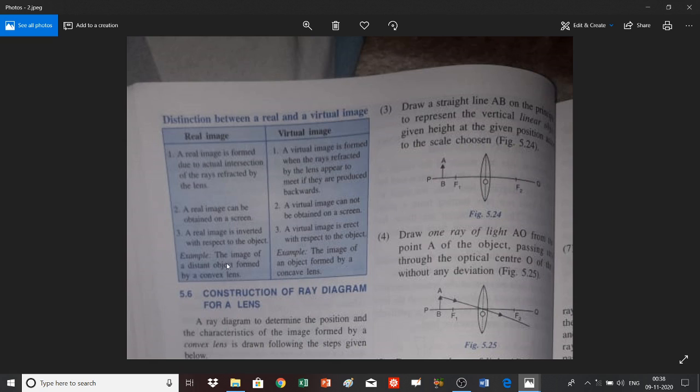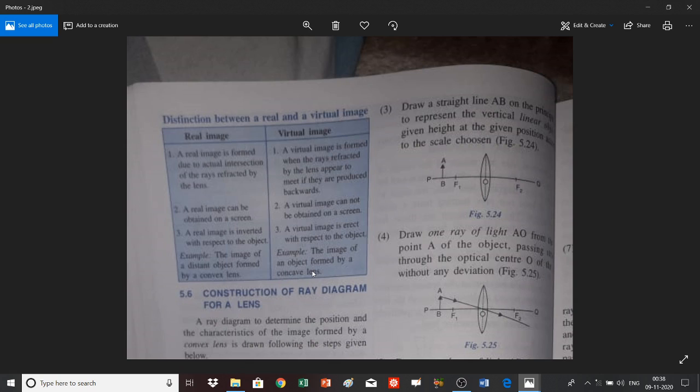Example: the image of a distant object formed by a convex lens. If you put an object at a distant place, then the image produced by a convex lens is a real image. And here is the example of a virtual image: the image of an object formed by a concave lens.